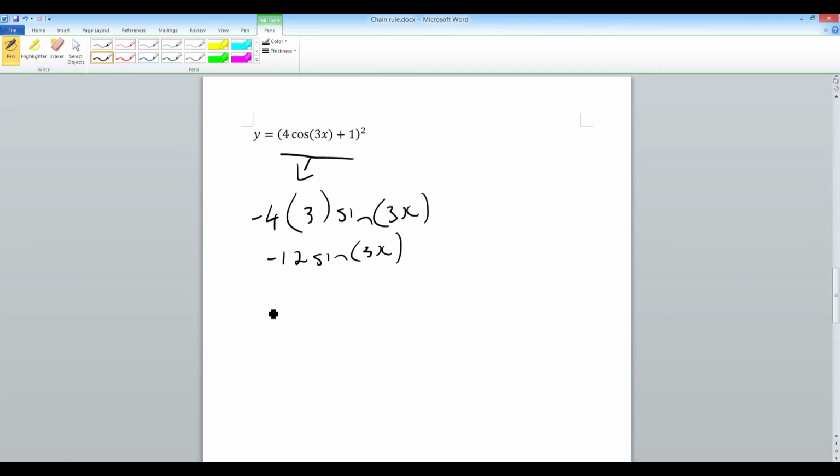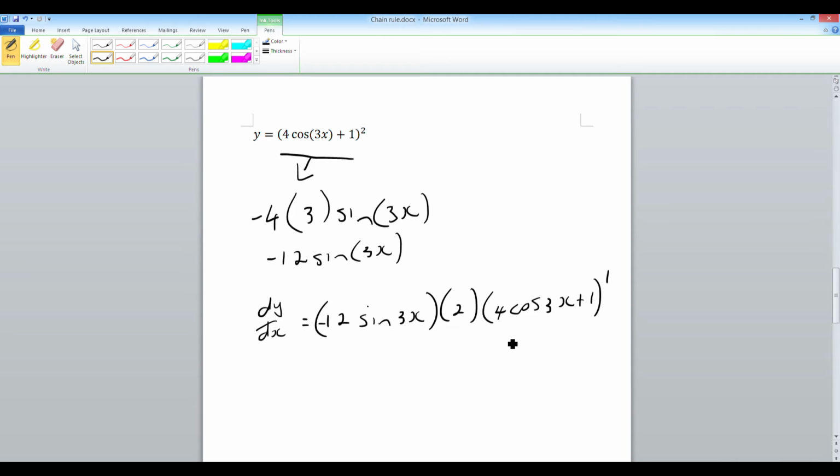So if I want to find the derivative of this y, I'm going to say dy/dx is equal to the derivative of what is inside, which we have found to be negative 12 times sine of 3x, multiplied with the derivative of my major function. So the power multiplies to the front, so it will be 2, and multiplied with my same function, so this will be 4 cosine 3x plus 1, and 2 minus 1 is 1.